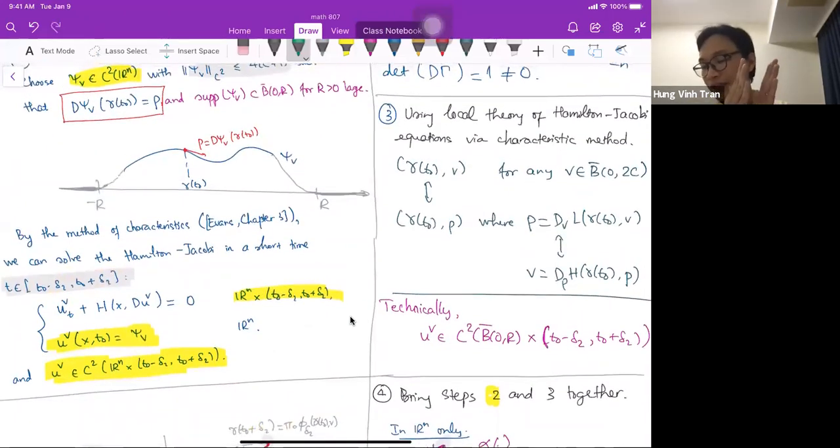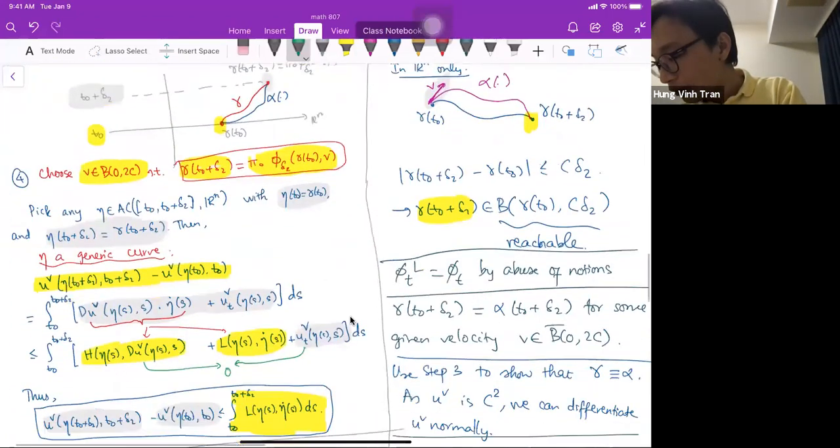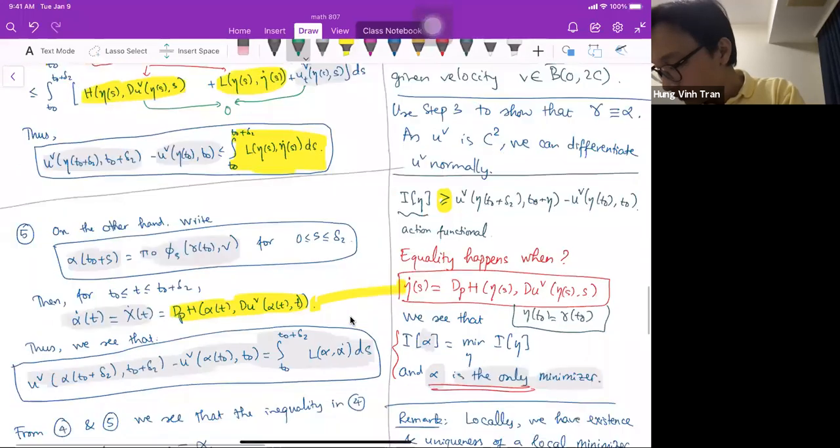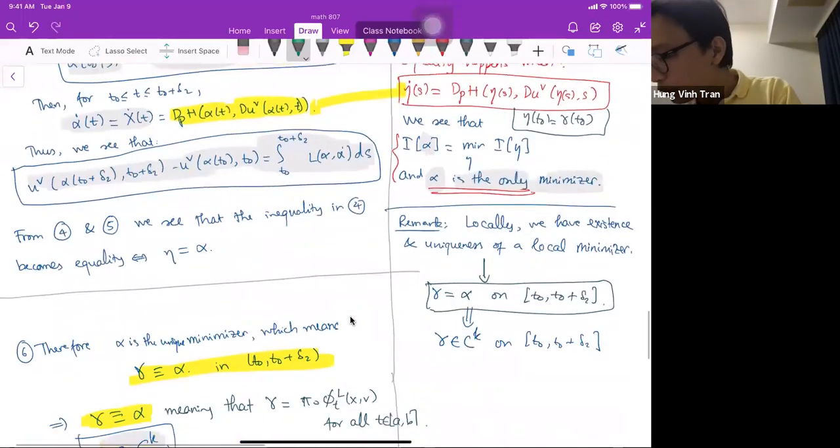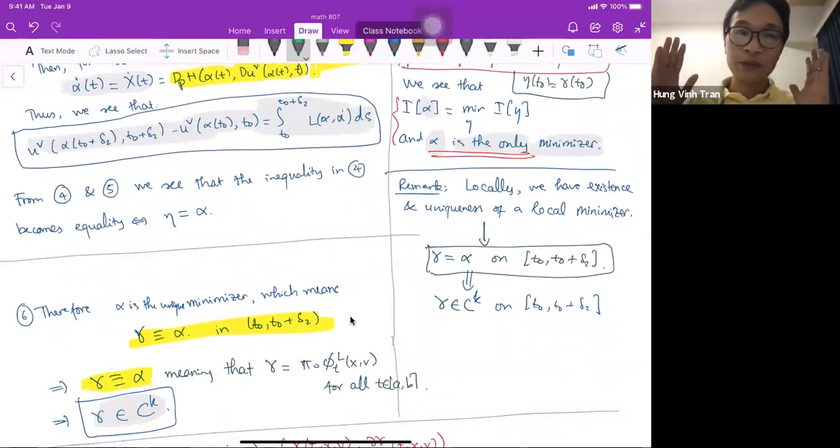Absolutely correct, because you can see that the Hamilton-Jacobi equation can be solved back and forth around the point T naught. So not only do we have gamma equals alpha on the interval from T naught to T naught plus delta 2, but in fact from T naught minus delta 2 to T naught plus delta 2, right?